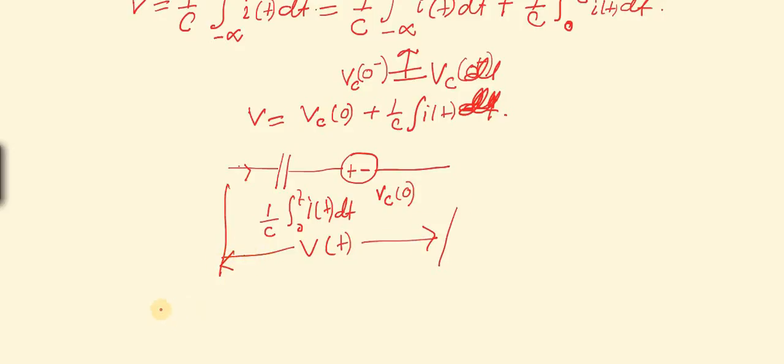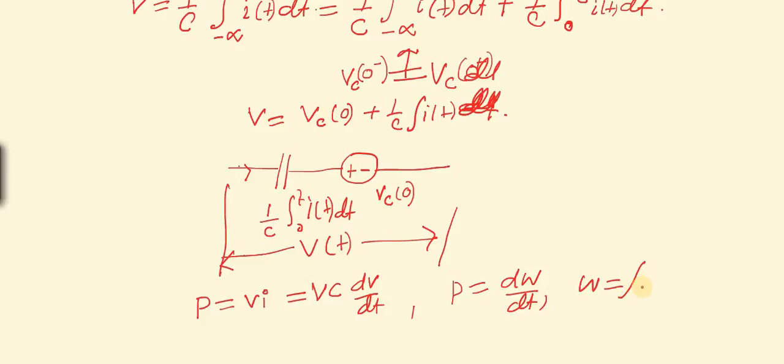As before, power in a capacitor is P equal to V into I. We have just seen that I is equal to C dV/dt. So P is equal to V into C dV/dt. And as before, power is also dW/dt, so W is equal to integration of p dt.